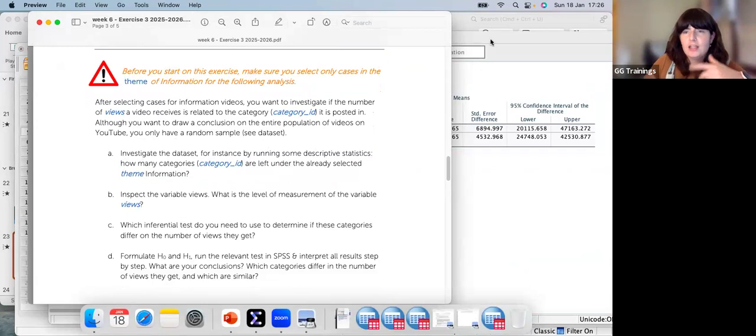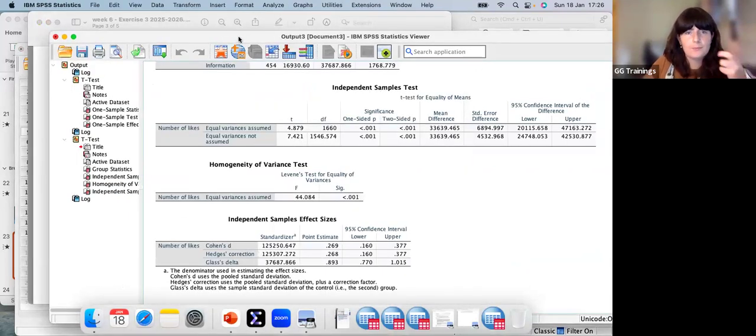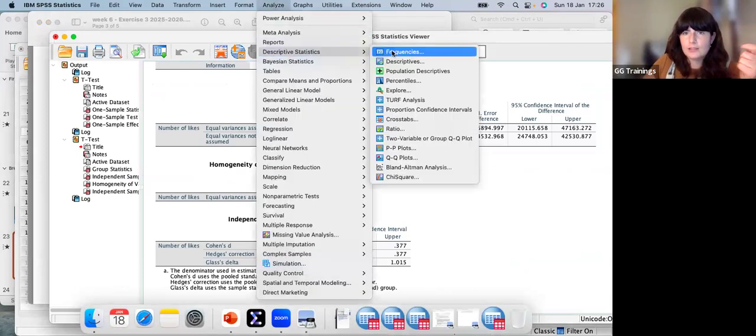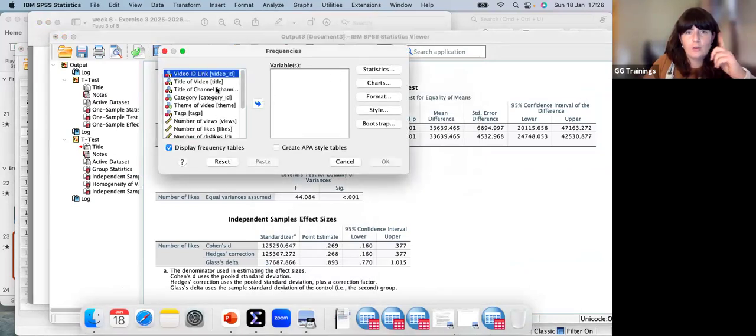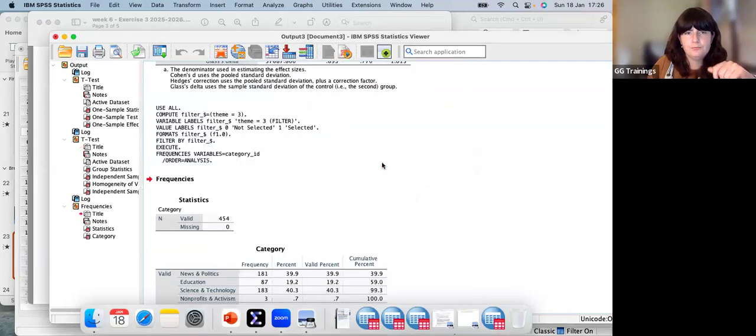So let's go do that. You can run some descriptives. You can also just run a frequency table for category. So you go analyze, descriptives, frequencies. You pop in category because that's the variable they've asked you to work with now. And you can just go okay, just for the frequency table.